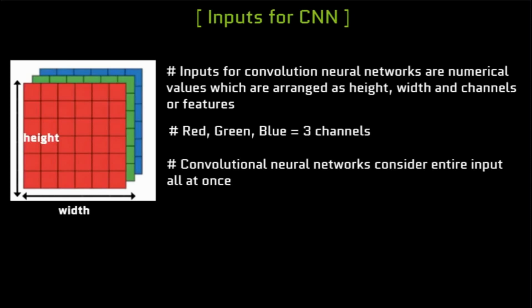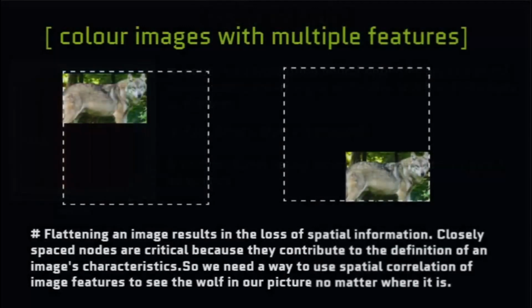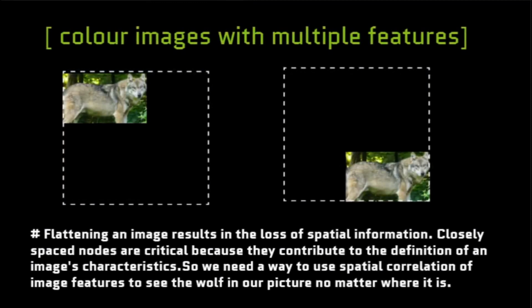If a feed-forward neural network is trained for image classification, there are some essential roadblocks to consider. First, flattening an image to a one-dimensional vector results in the loss of spatial information. Closely spaced nodes are critical because they contribute to the definition of an image's characteristics. So we need a way to use the spatial correlation of image features to see the wolf in our picture no matter where it is.